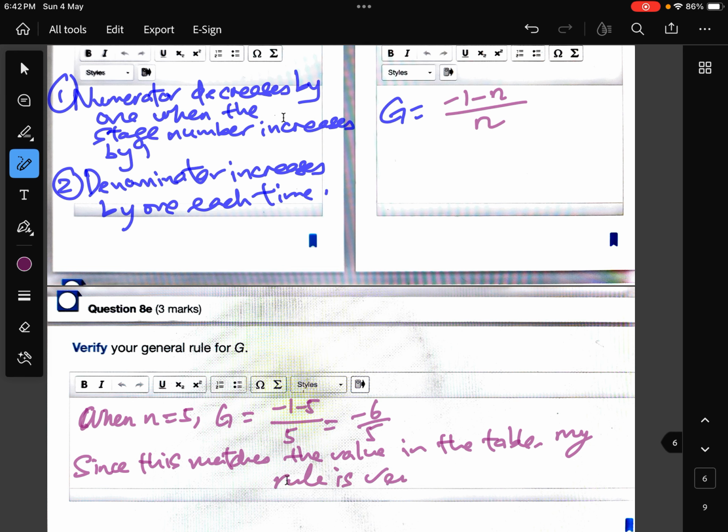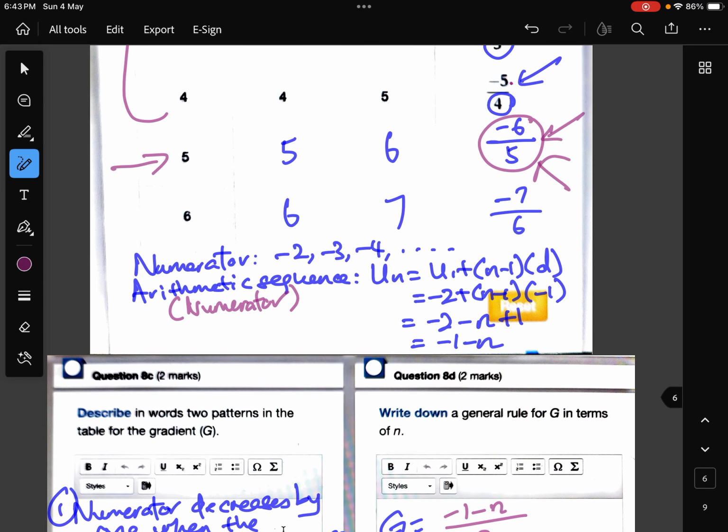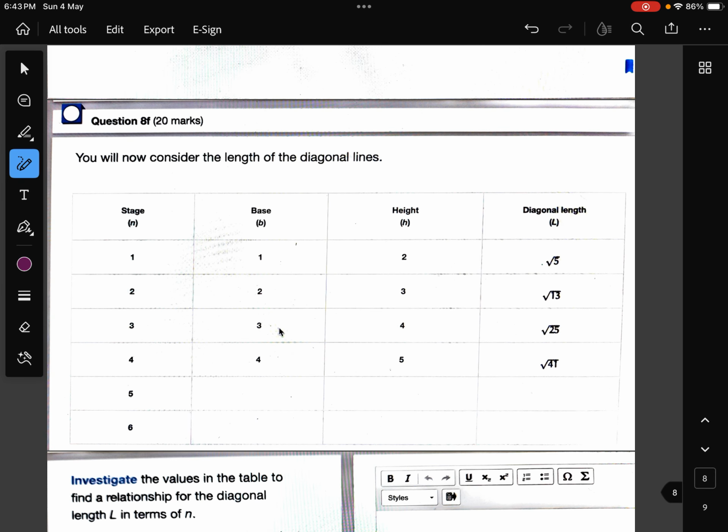Always nice to have a concluding statement to this, and make sure you have two comparisons. So I'm going to compare this to this value here. Okay, so that should be 3 marks in the bag.